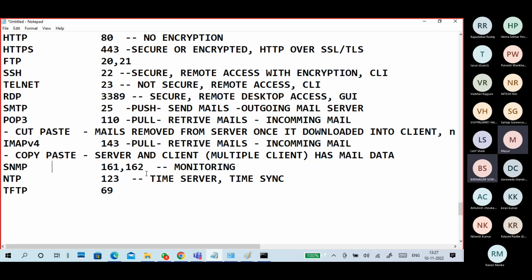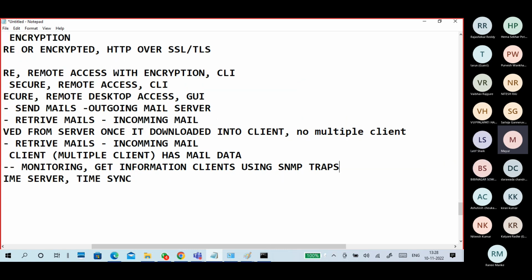Yes, sir. Monitoring, check system. So SNMP is used for remote monitoring by monitoring system tools. It contains traps. Using traps, we can get information from clients, through network management agents.